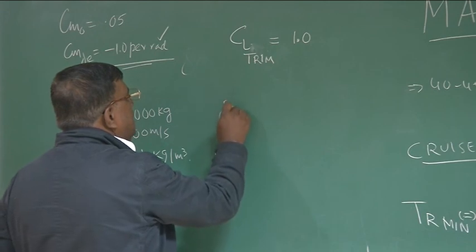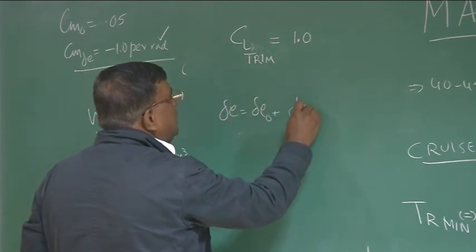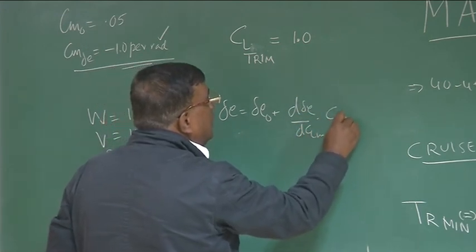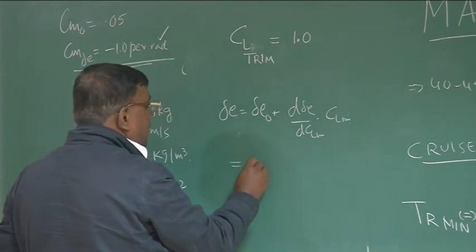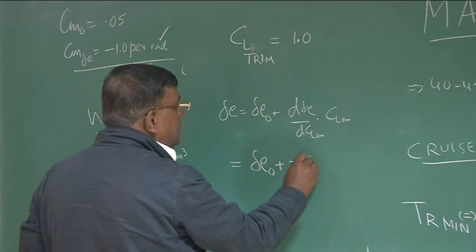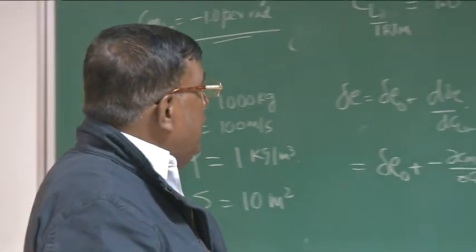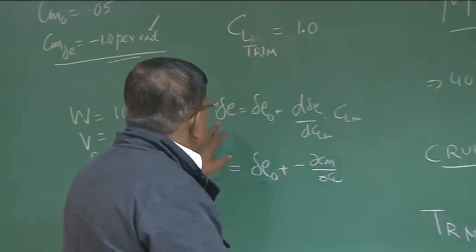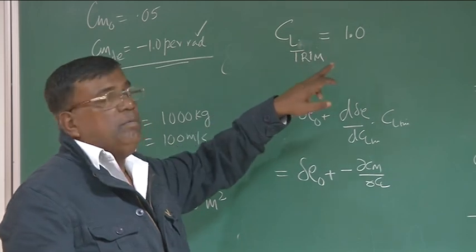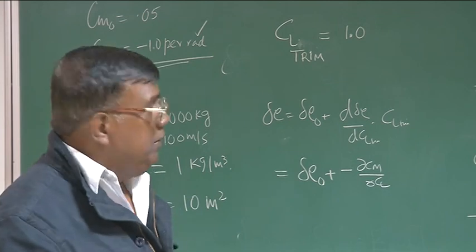So you know delta E equal to delta E naught plus d delta E by dCL trim into CL. This value also you know, and this is minus dCm by dCL. We are trying to find out what is the delta E required to trim the airplane at CL trim equal to 1.0, which corresponds to thrust required minimum during cruise.